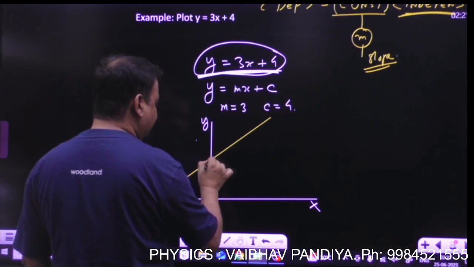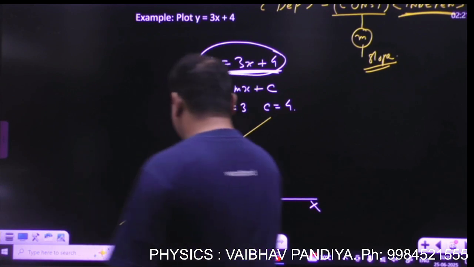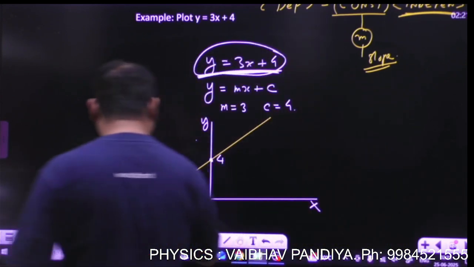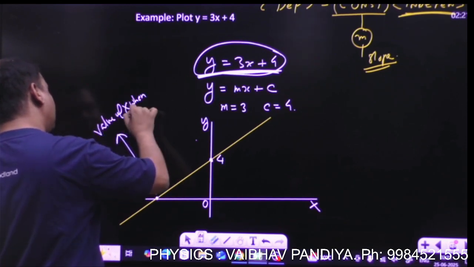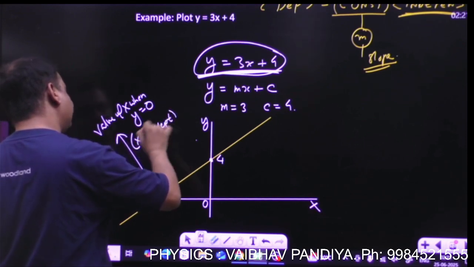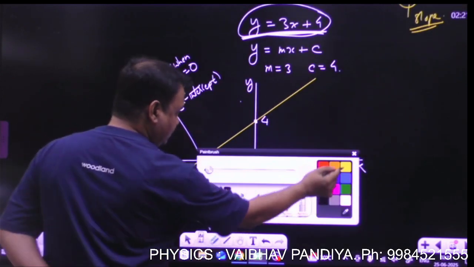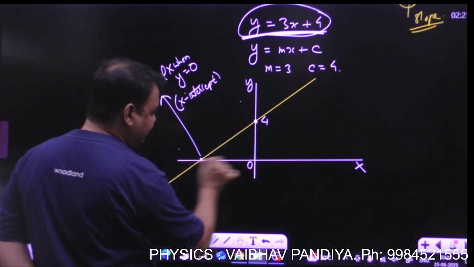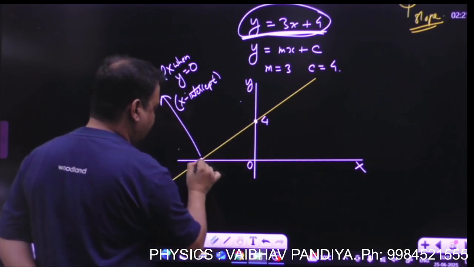What will be this point? This is the y-intercept, which is 4, and you can also plot this point. So this is the value of x when y is equal to 0, correct? Value of x when y is equal to 0. This is also called x-intercept. So you can find it by putting y is equal to 0, because the graph is intersecting with the x-axis, and at each point on the x-axis y is equal to 0.